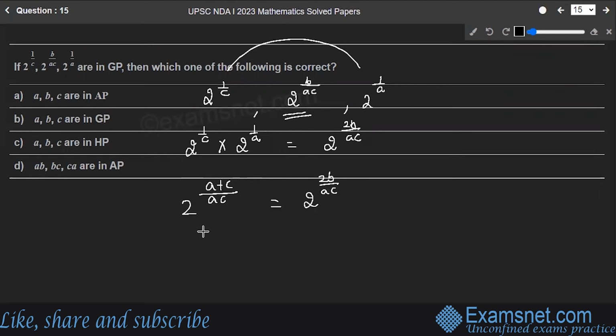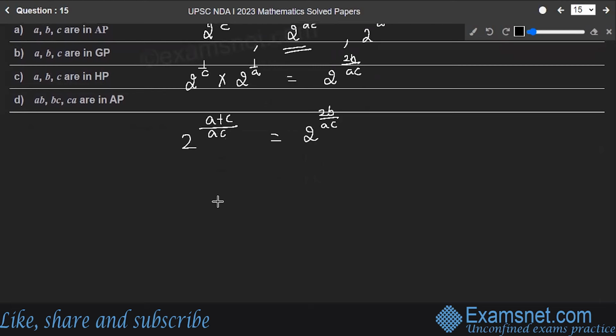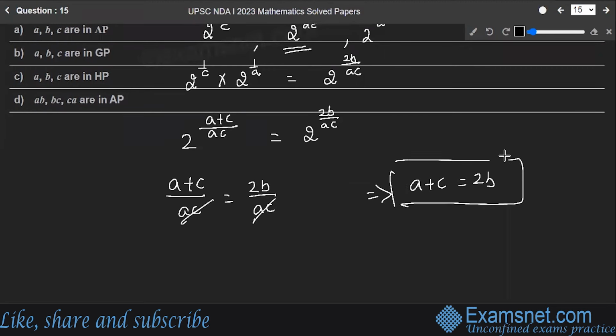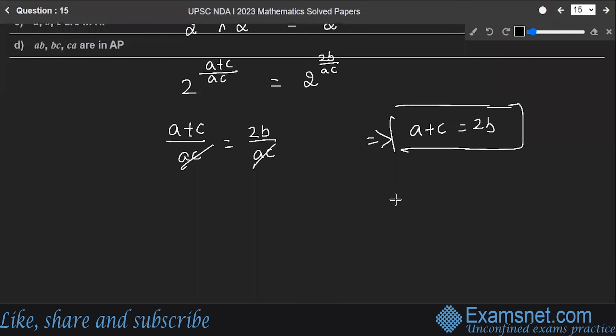Now equating, bases are same, so powers will also be same, which means a plus c upon ac is equal to 2b upon ac. These two will get cancelled and a plus c is equal to 2b. That simply means a, b, c are in, sorry, AP.